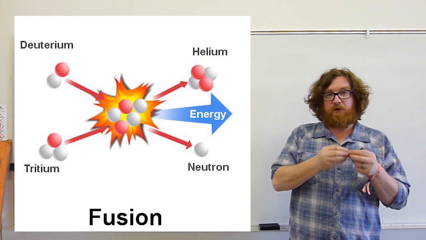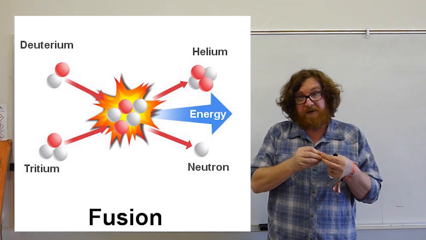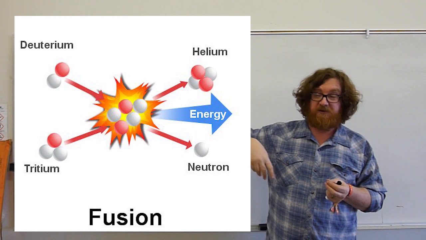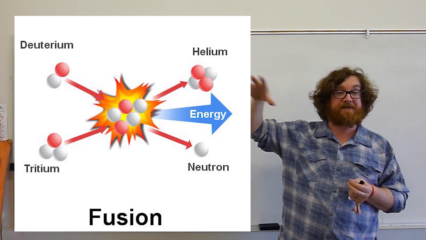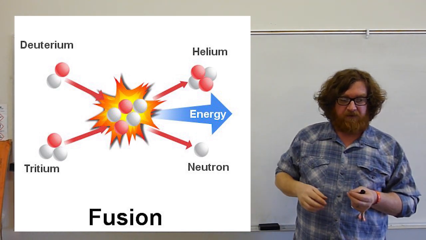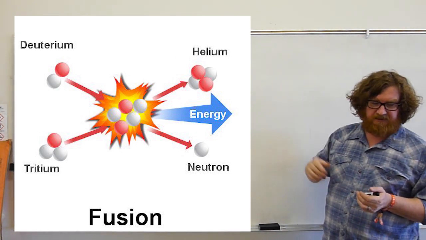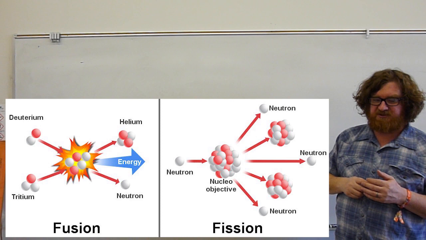So if you take 2 hydrogens and squish them together really hard, you get a helium atom and free neutrons and energy, right? Energy in the form of heat. So both nuclear fission and nuclear fusion, as you can see here, produce energy.